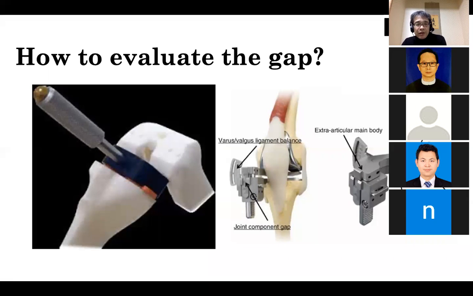So after the bone cut, we insert this spacer and feel, making sure the gap is not too tight and not too loose. Too tight can cause some stiffness of the knee or wear of the polyethylene, and a loose gap can cause instability and excessive wear of the polyethylene.